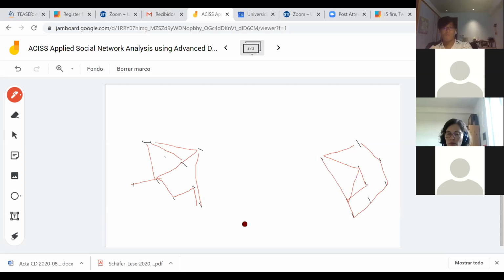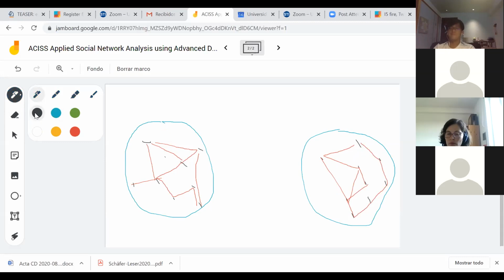Basically, what I'm saying is there are two communities, one community here, one community here. In black color, we see nodes. In red color, we see links. And now let's go back to one node here.